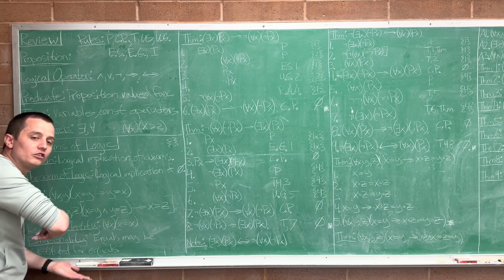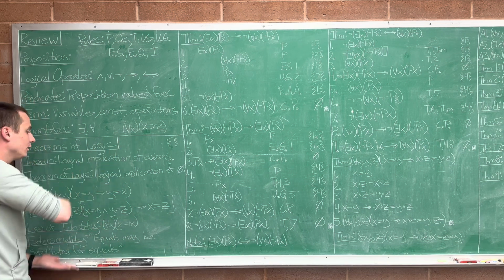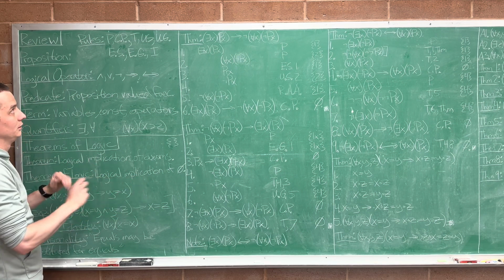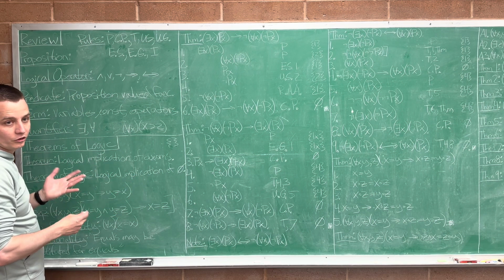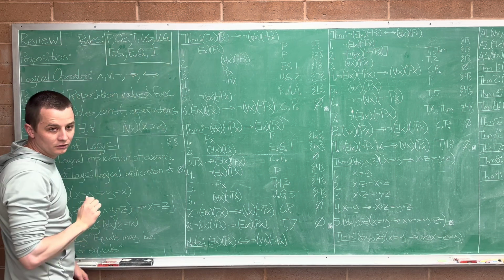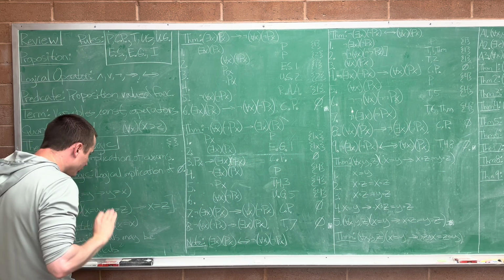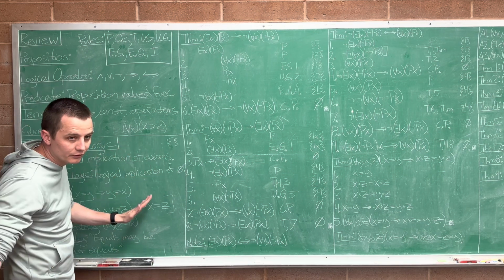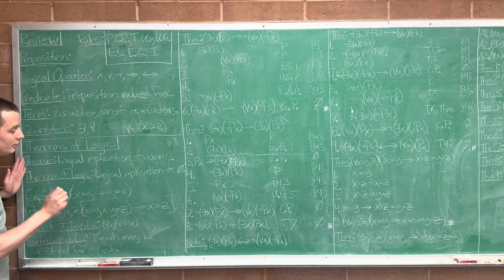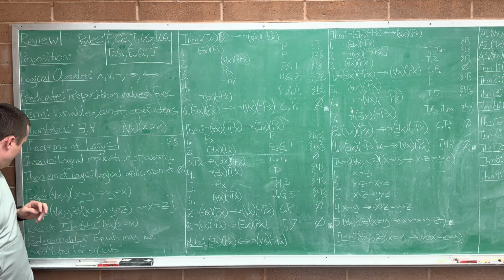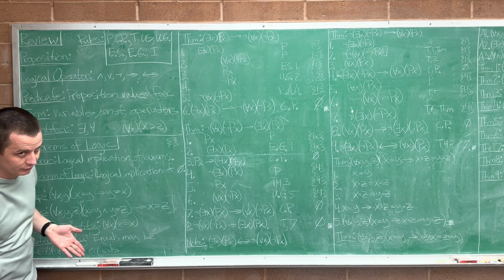And since we can use logic in any field, we get theorems of logic for free. The things that are implied just by the rules of logic. No axioms. So those are just theorems of logic. And in every field of math, every field of science, every field of study, you can always use these theorems of logic. Now last time, we already proved a couple theorems of logic.